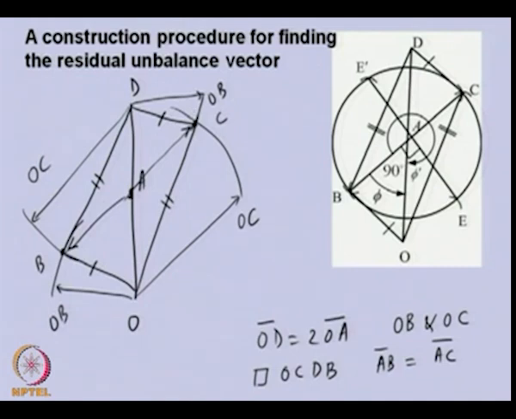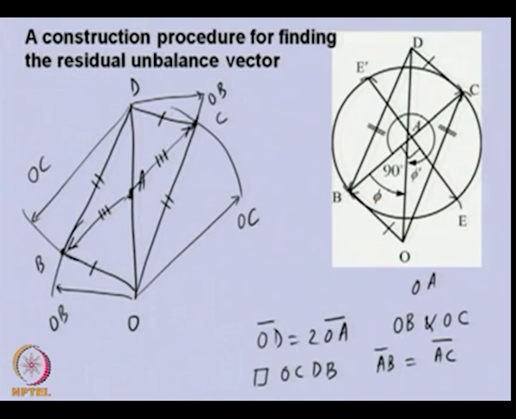From the parallelogram property, these two sides are equal. That means AB is equal to AC, and vectorially they have a 180 degree phase difference because they are in opposite directions. So we could construct the diagram with the given property and measurements, utilizing OA, OB and OC information.